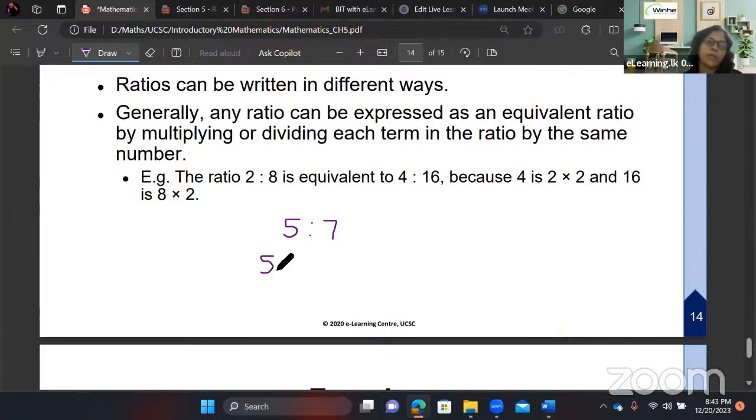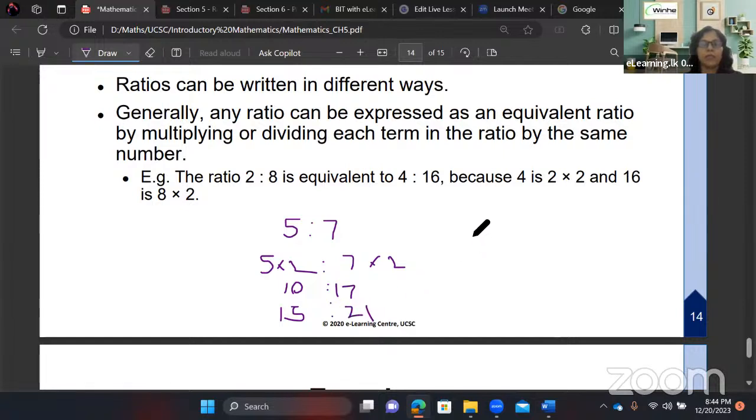If you multiply both by 2, then you can get 10 to 14. This is also an equivalent ratio. If you multiply it by 3, 15 to 21.